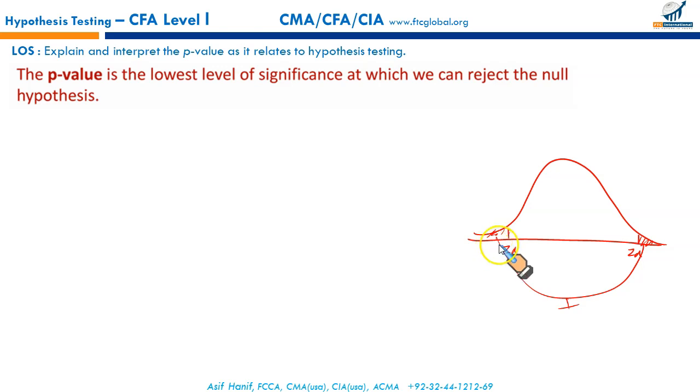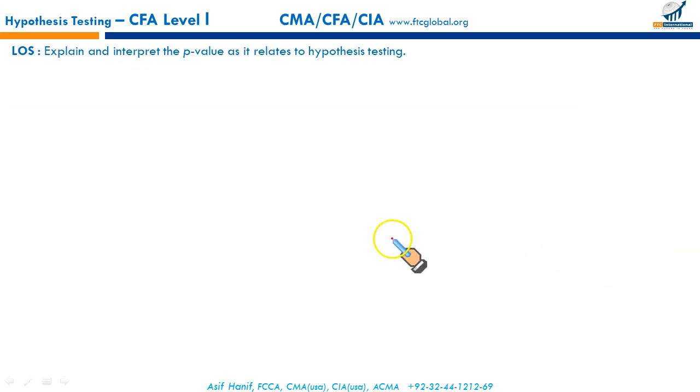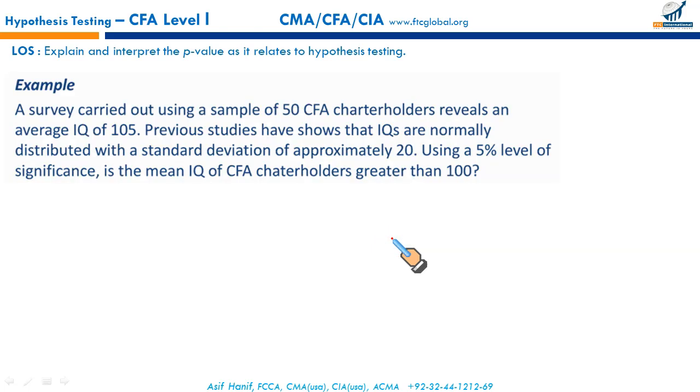For a left one-tail test, the p-value is given by the probability that lies below the calculated test statistic. For the right-tail test, the p-value is given by the probability that lies above the calculated test statistic. And for a two-tail test, I just told you a little while ago, the p-value is basically the sum of probabilities in the two tails. So let us do a question to enhance our understanding.